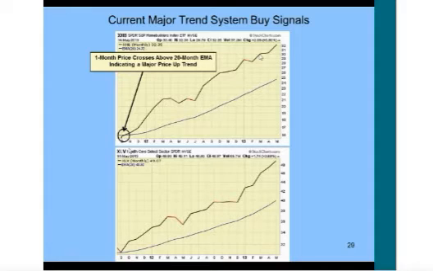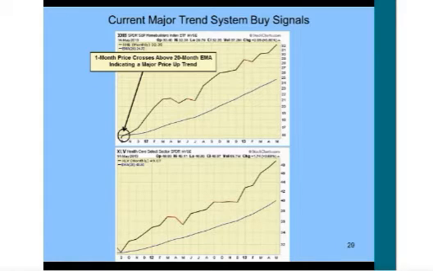And we can see this buy signal occurred in November of 2011. So in November 2011, the 1-month price crossed above the 20-month EMA, and the home builders at that point was on a buy signal and has continued to be on a buy signal.